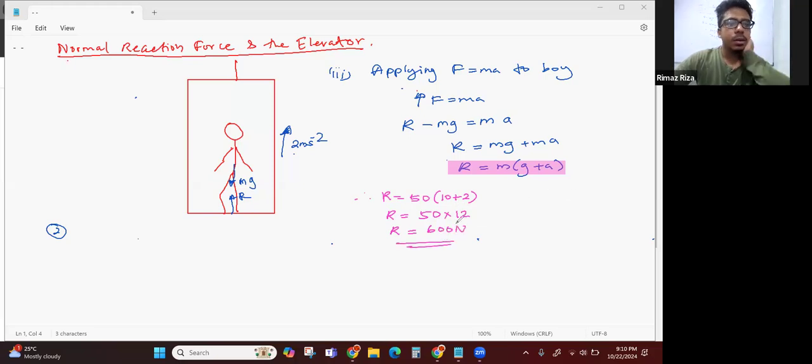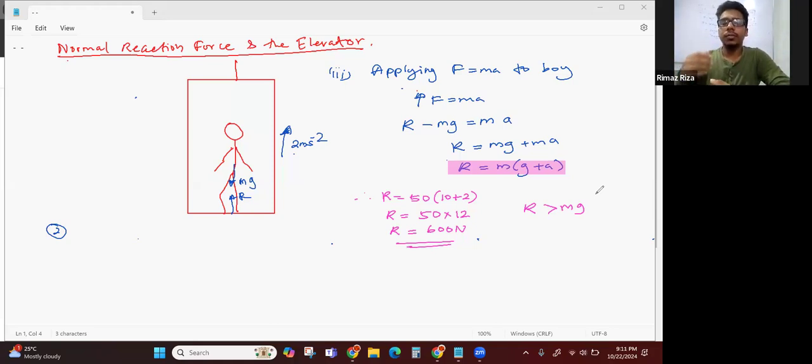You can see R is greater than mg, so the normal reaction force is greater than mg. That's why you feel like you get heavier when the lift starts to accelerate.